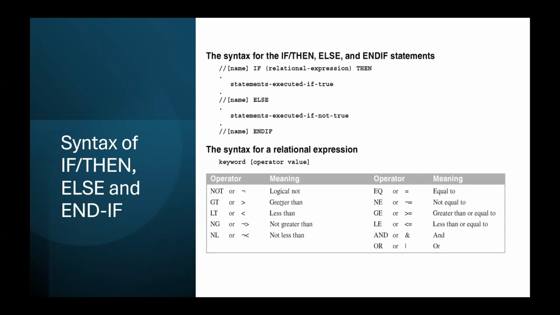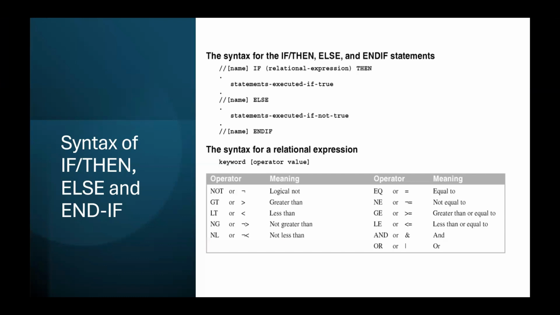And these are some relational expressions, keywords and operators that we have learned in a previous session as well. NOT means logical not, GT means greater than, LT means less than, NG means not greater than, NL means not less than, EQ means equal to, NE means not equal to, GE means greater than or equal to, LE means less than or equal to, and the AND parameter is the same as AND, the OR parameter is the same as OR.